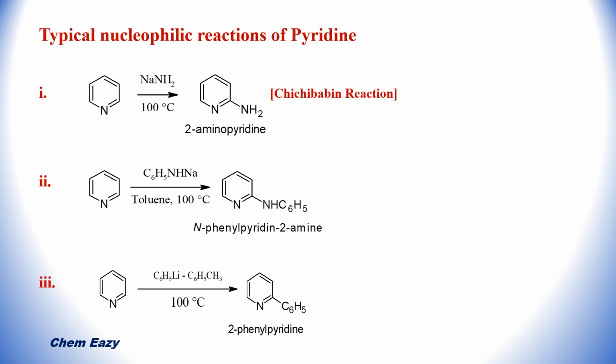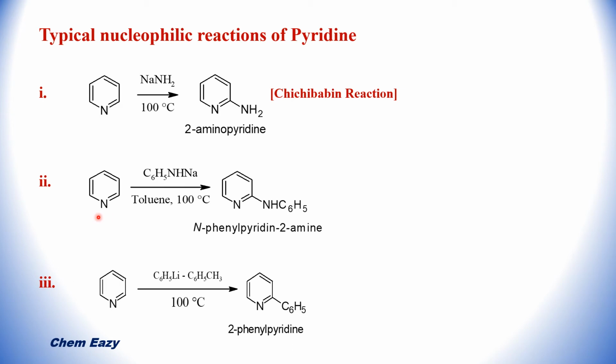Let us see some typical nucleophilic reactions of pyridine. Pyridine with sodium amide at 100 degrees Celsius produces 2-aminopyridine. This reaction is called the Chichibabin reaction.